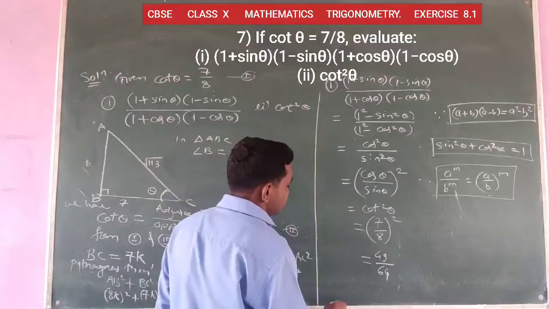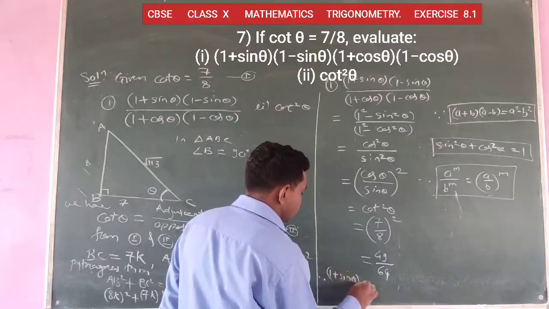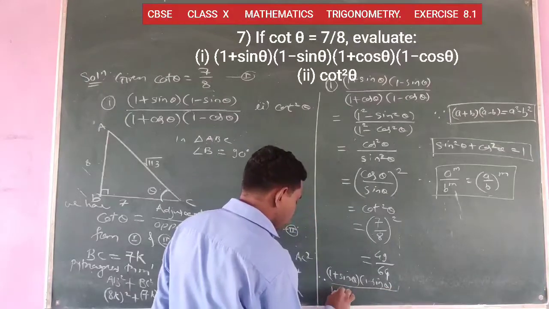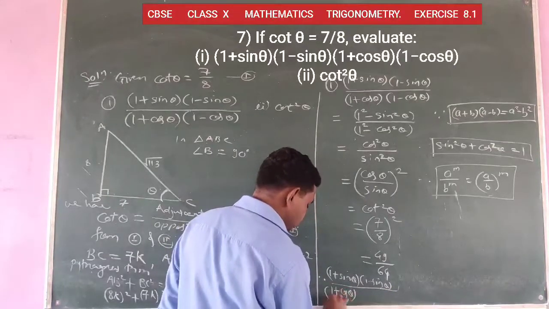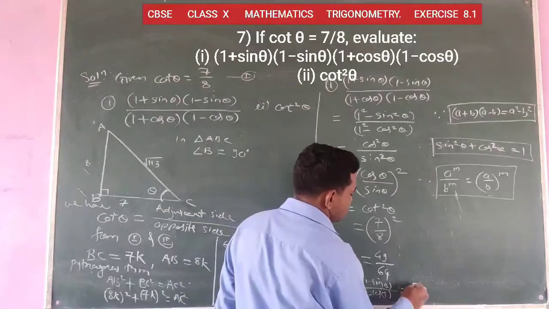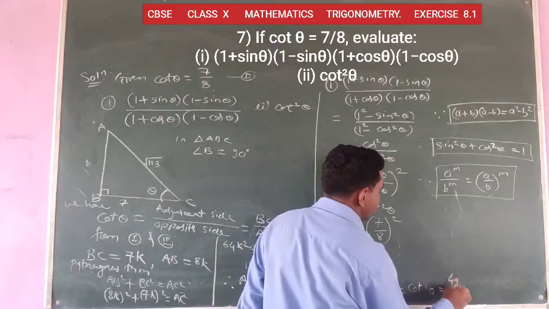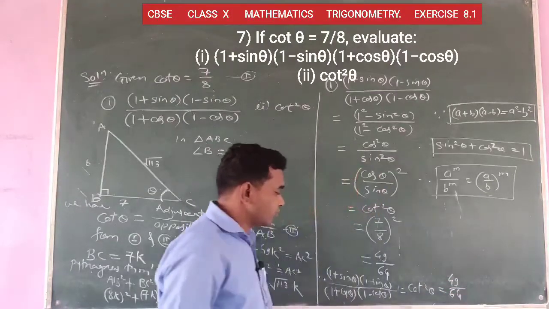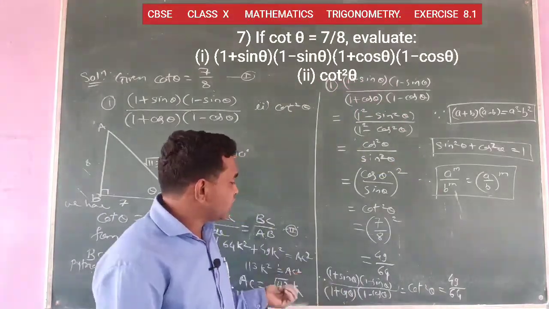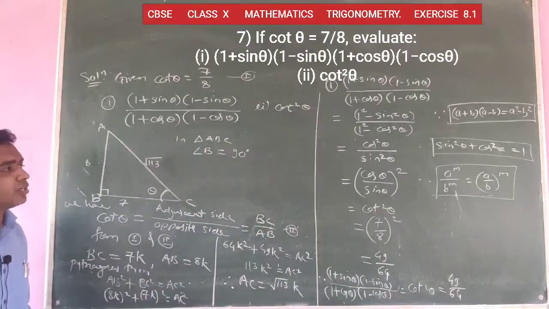So therefore 1 plus sin theta into 1 minus sin theta upon 1 plus cos theta into 1 minus cos theta is equal to cot square theta, which is equal to 49 upon 64. So in solving the first question, we already get the solution of the second also. So this is the answer of question number 7.